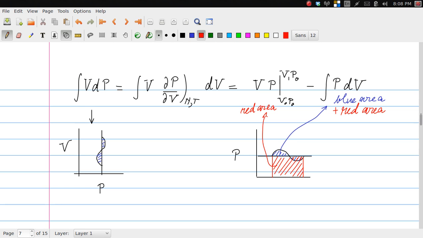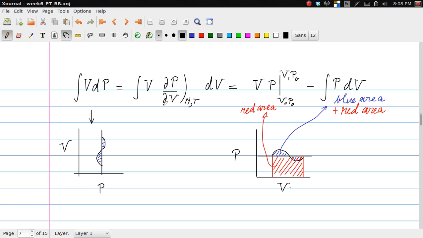Finally, it is interesting to see whether and how we can transform this integral that we just did into this integral where we have P on the vertical axis and V on the horizontal axis. And the way that works is as follows. We have an integral of V dP, and we can write dP as dP/dV at constant N and T. They are kept constant throughout the integral, and then we multiply that by dV.